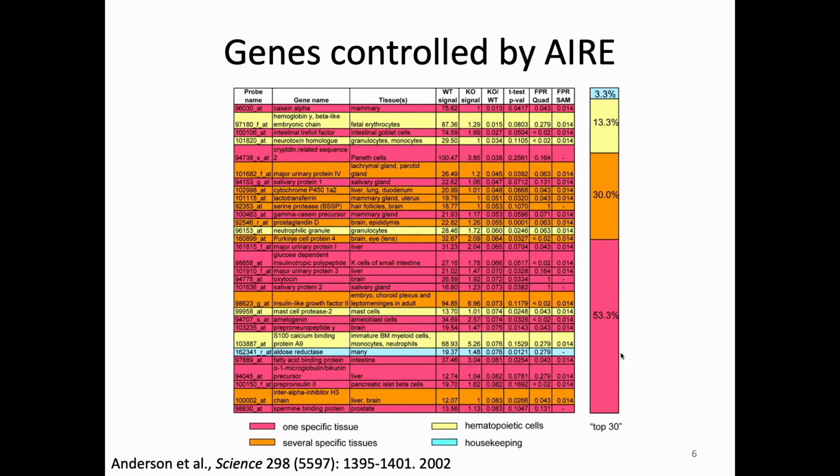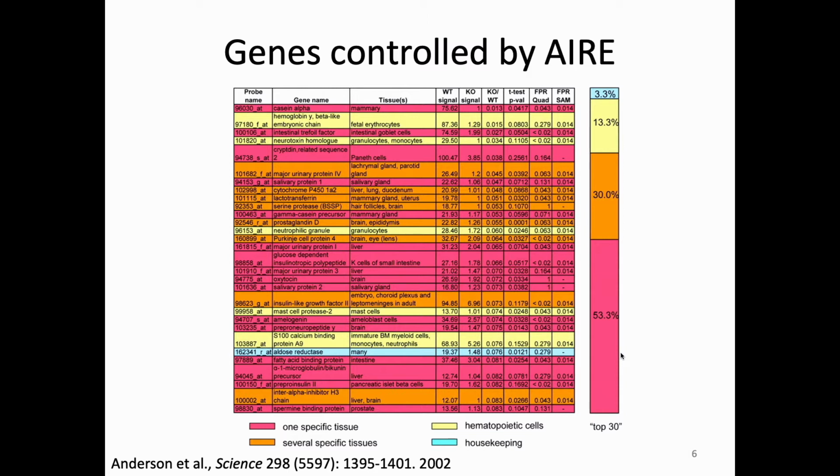So your thymus normally makes casein, which is in mammary tissue. Your thymus normally makes trefoil factor, which is in your GI tract. It normally makes major urinary protein, normally makes a salivary protein. It normally makes oxytocin. It normally makes preproinsulin.